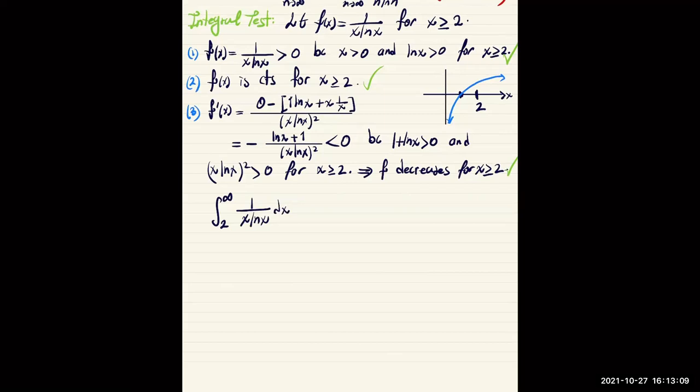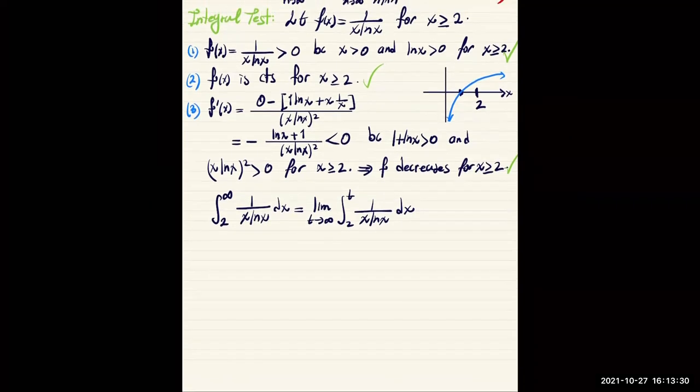Okay, and that is the same as the limit. This is an improper integral. You must redefine it using a limit. And we are going to do a substitution, because if I let u equal ln of x, the derivative of that, 1 over x, is sitting in the integrand here.